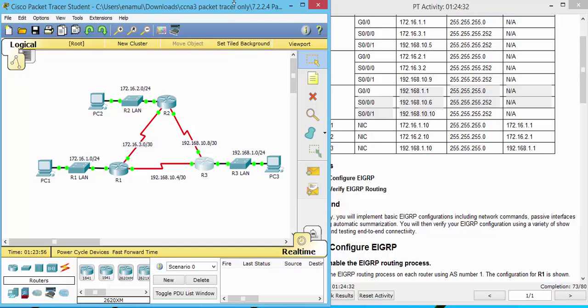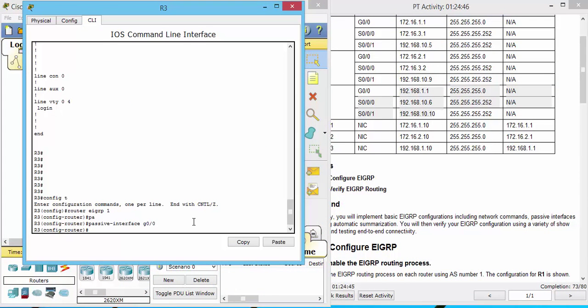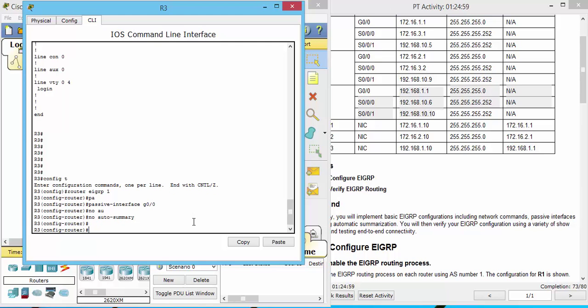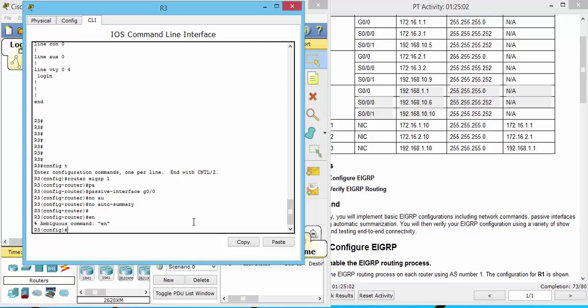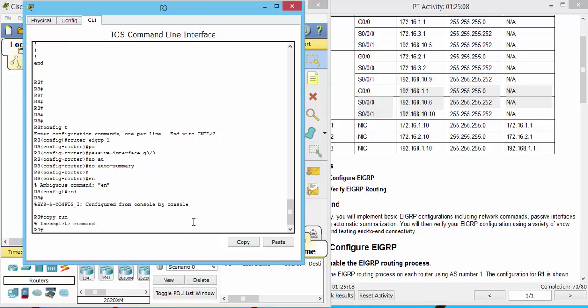This is the one that we are making a passive interface, gigabit 0/0. And no auto-summary. And then copy run start.